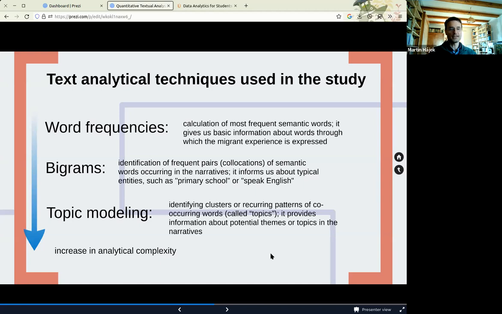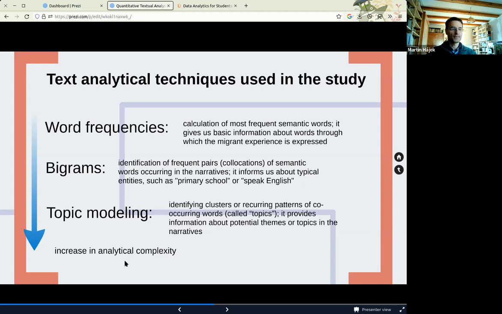If we have speak and English separately, we don't know what it means, if English is related to English people, or English whatever. But if it is collocated as speak English, we know that it's about the competence to speak English.